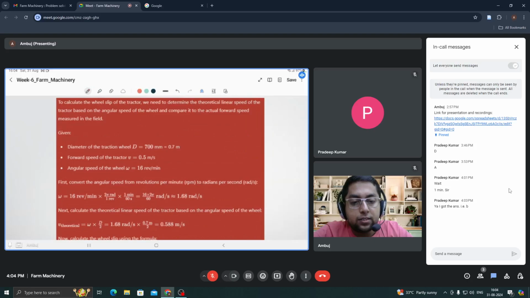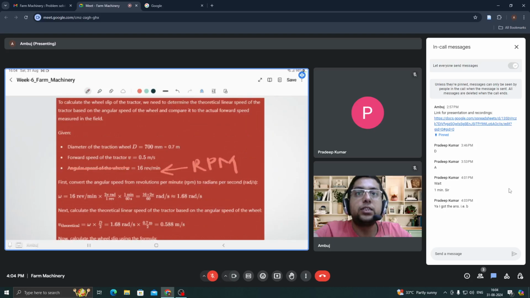It is N, RPM. Omega is not given here. Omega we have to calculate. N is the RPM, revolutions per minute of the wheel. Then omega is 2 pi N by 60.